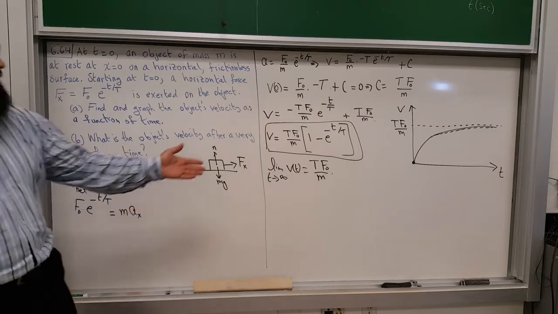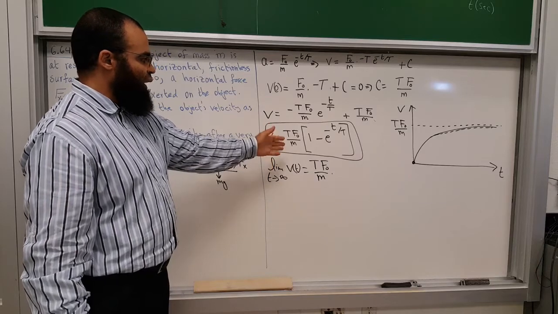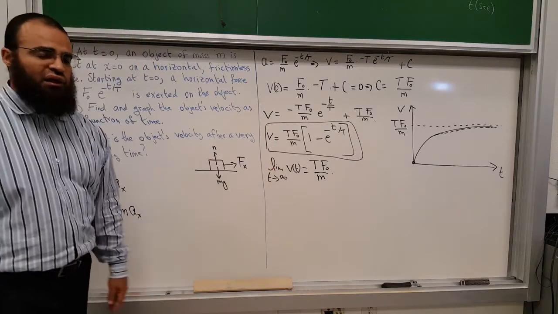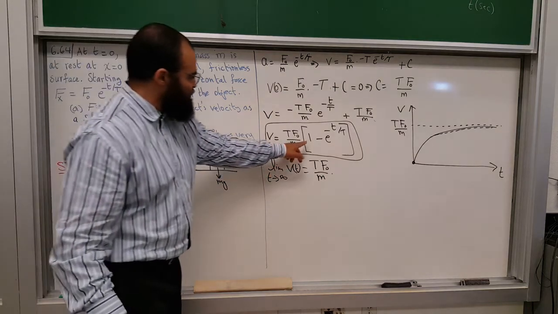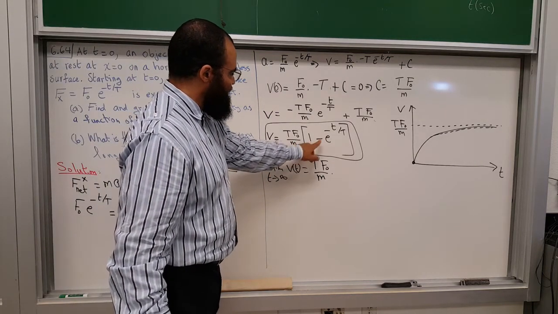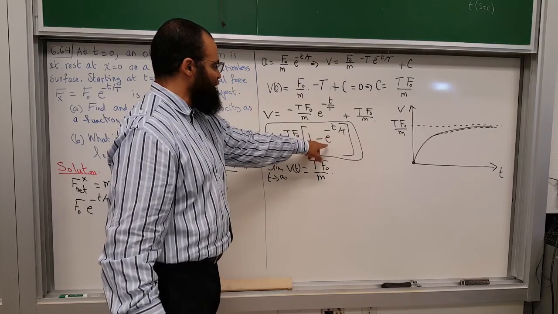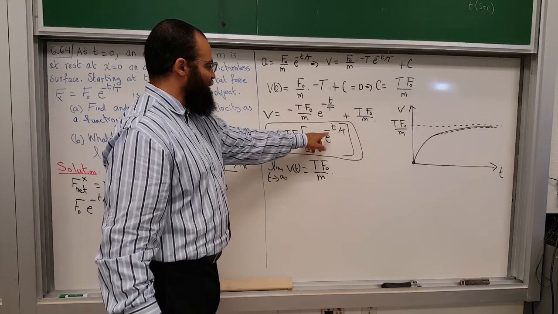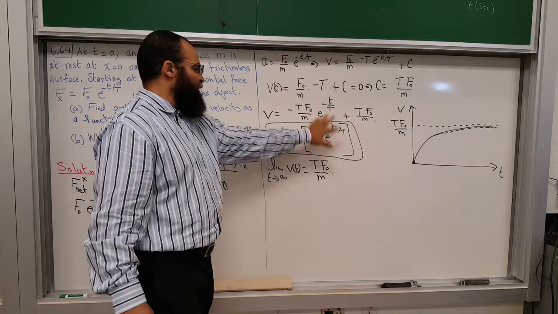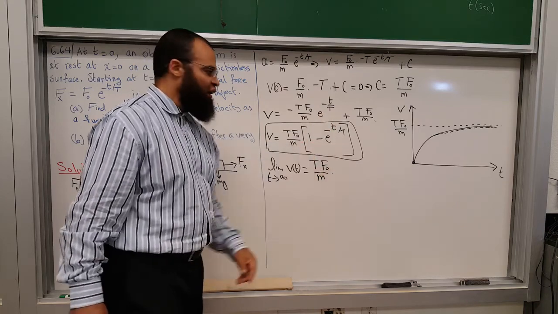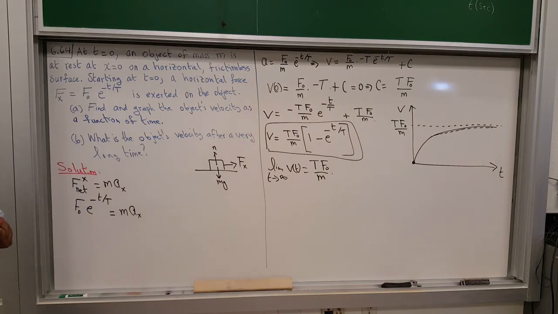You can find it by taking the integral, the antiderivative of this, and you will find the position going to infinity as time goes to infinity. Because when you integrate, this one gives you a t, and this one will give you the exponential function with a factor of capital T. As t goes to infinity, that part goes to 0, but you will have a t here, and that goes to infinity.